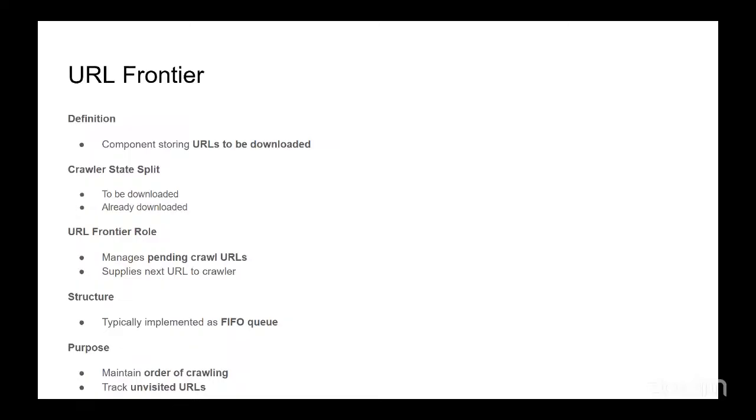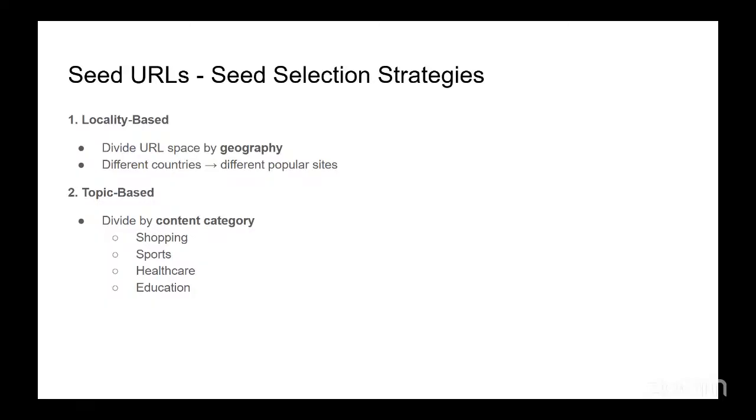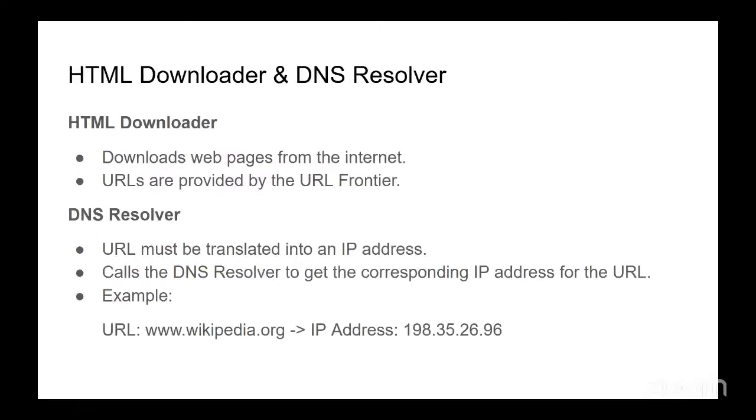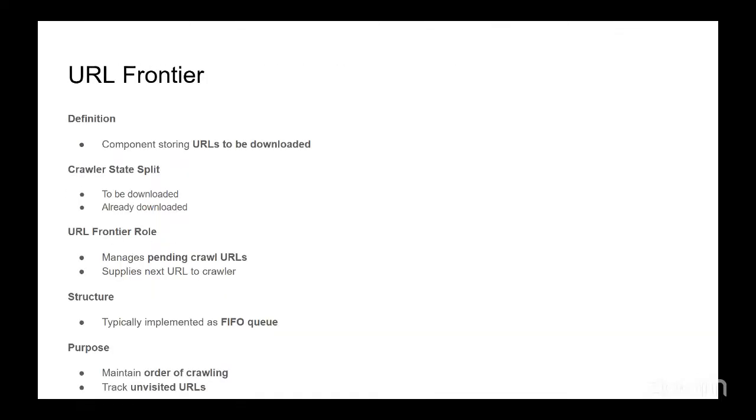Next component is the URL frontier. The URL frontier stores the URLs that you need to download, right? The seed URLs only have the initial URLs for the websites. The URL frontier has all of the URLs that need to be downloaded, so it doesn't have only the seed URLs.